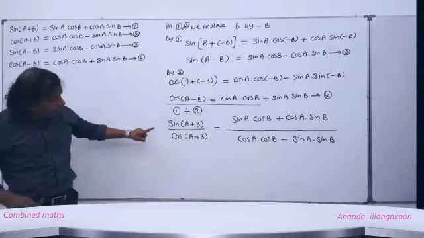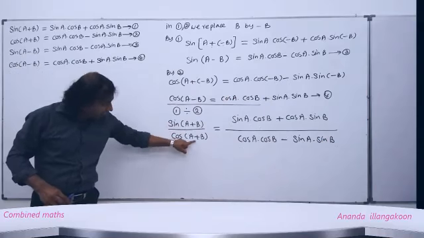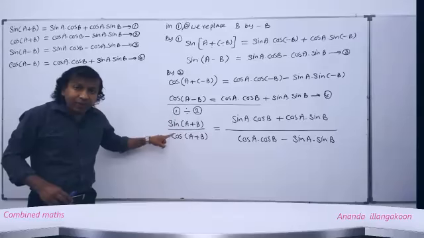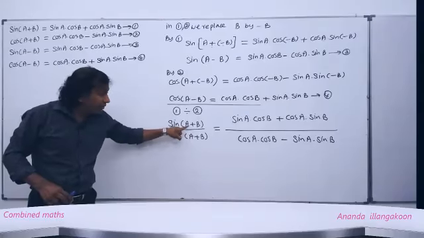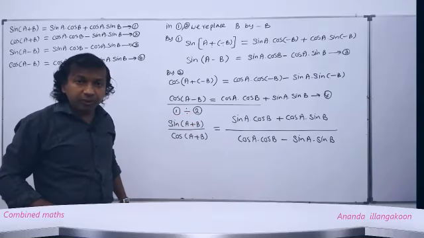People, now here what do you have? Sine of an angle divided by cos of the same angle. That is sine divided by cos. Sine divided by cos is tan, with the angle A plus B. Then what do you get on the left hand side? Tan A plus B. Right, children?